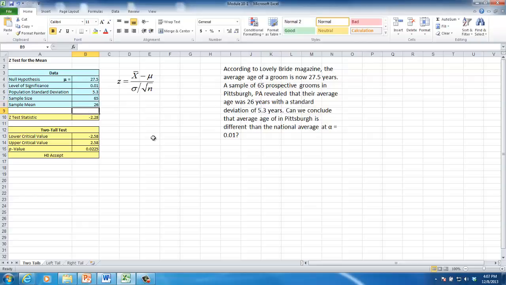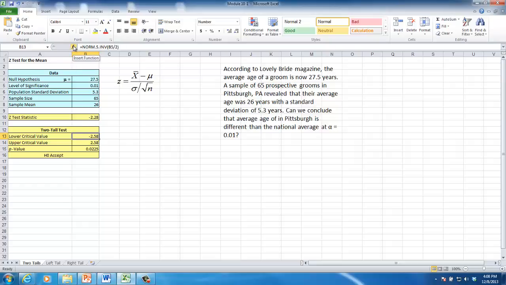First of all, after we set up our hypothesis, which is here mu equals 27.5 or mu is different from 27.5, the second step is to find the critical values. In order to find the critical values, we need to use the Excel function NORM.S.INV of B5 divided by 2.